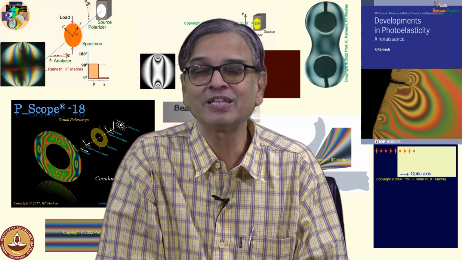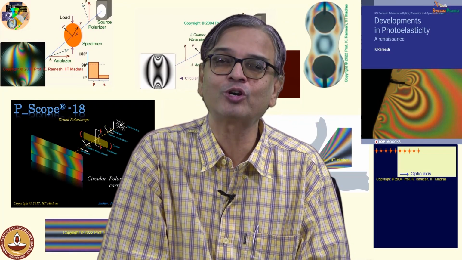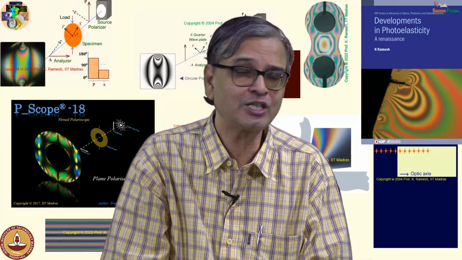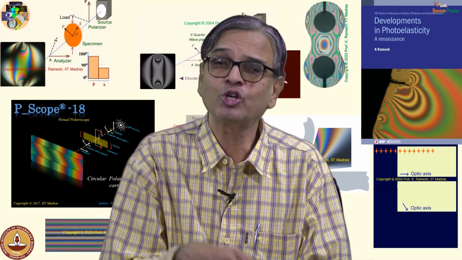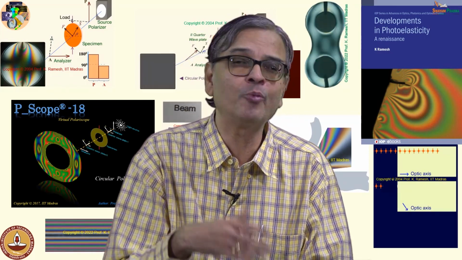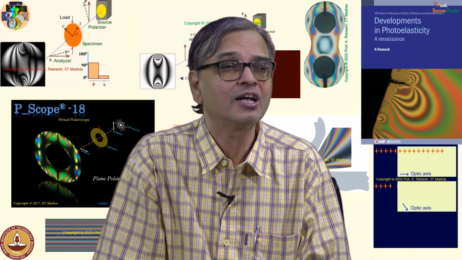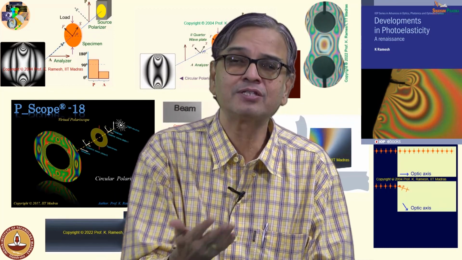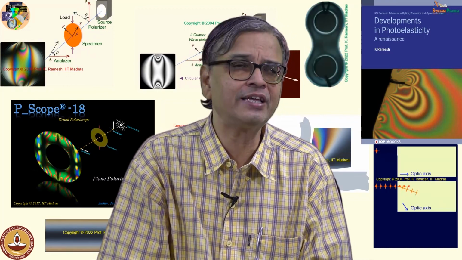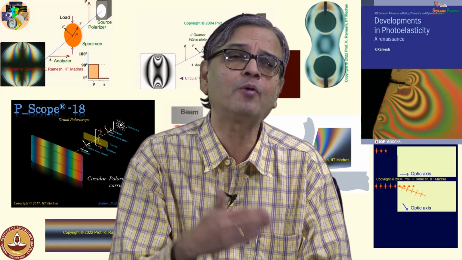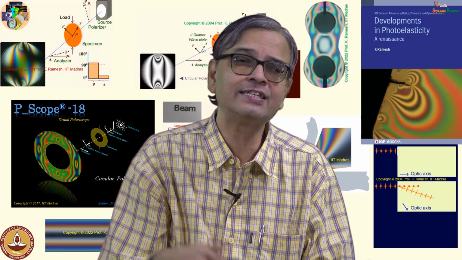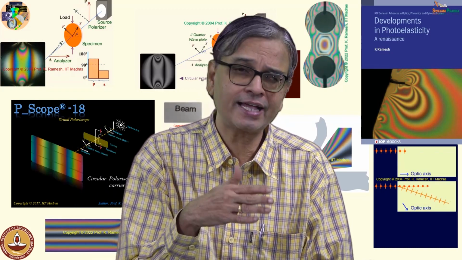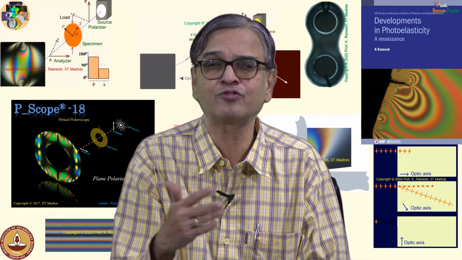Fine. So with this, we have a bird's eye view of what is photoelasticity. And I have tried to give you the essence of it without any proof. We have also looked at how you can construct your own homemade polariscope at a very nominal cost. And you can also have a thorough learning when you have a simulation package like this. This is also very cost effective, because modern day polariscopes, which all have digital image data acquisition and data analysis, cost anywhere between a minimum of 10 lakhs to 40 lakhs.